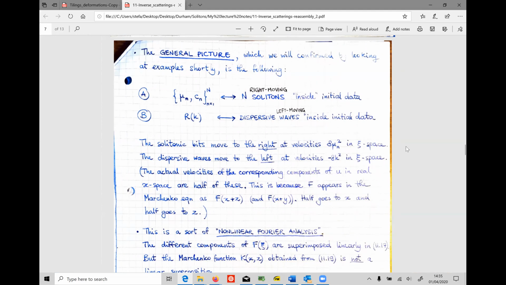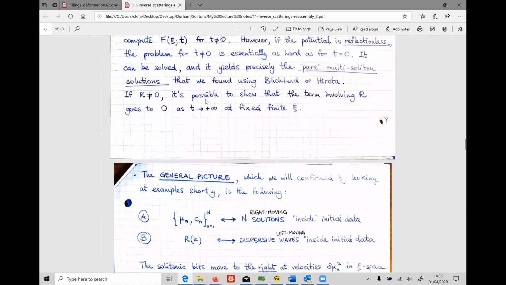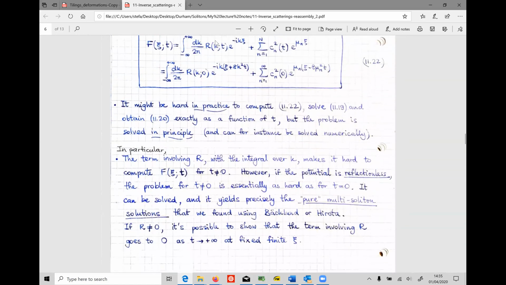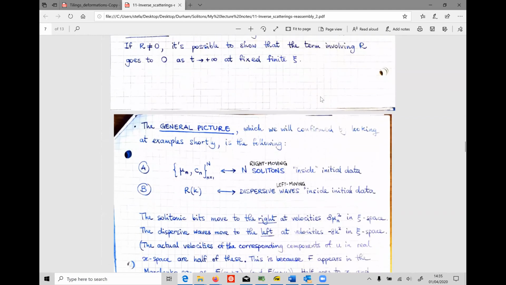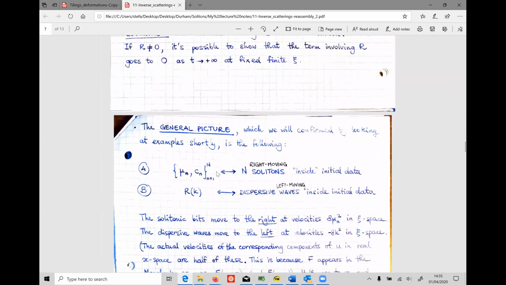So there are two parts, as we've seen, to the spectrum of this time-independent Schrödinger problem. There is a discrete part of the spectrum where the scattering data are the discrete eigenvalues mu n and the coefficients Cn. That's the situation that I just described. When the reflection coefficient is 0, we only have the second contribution, where the inputs are mu n and Cn.